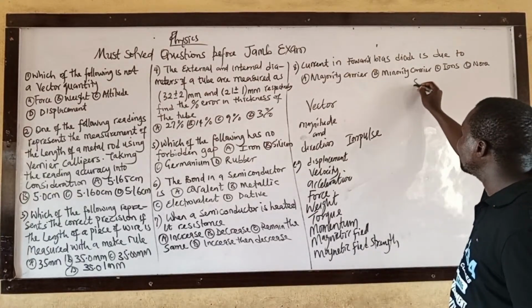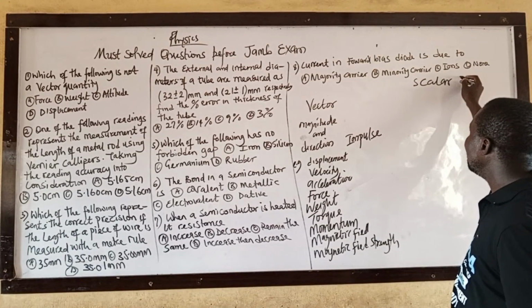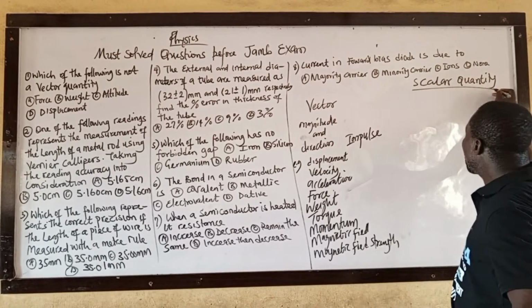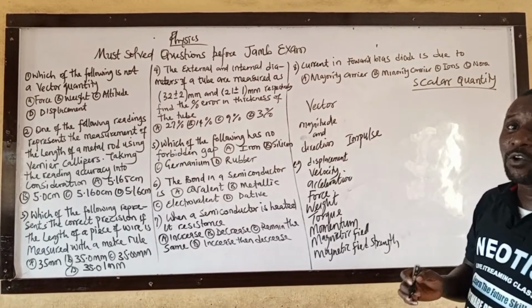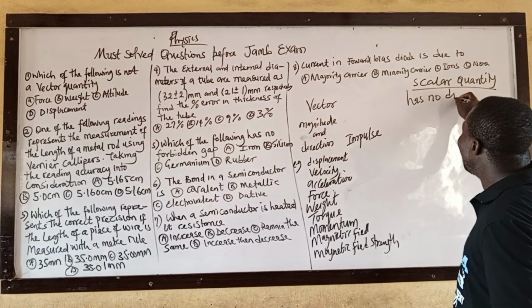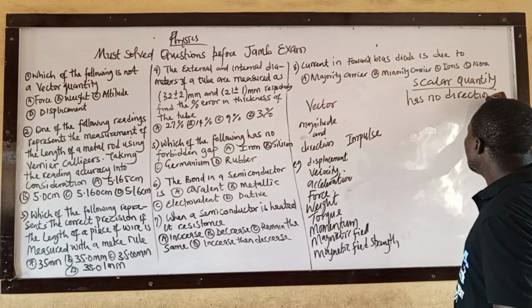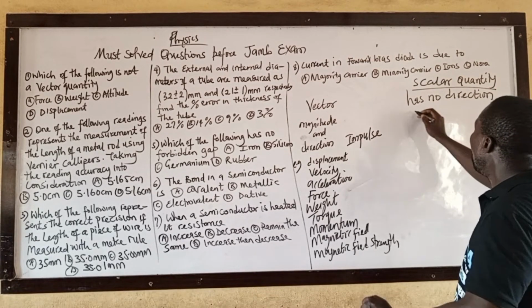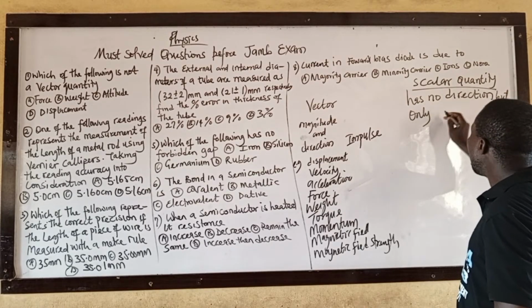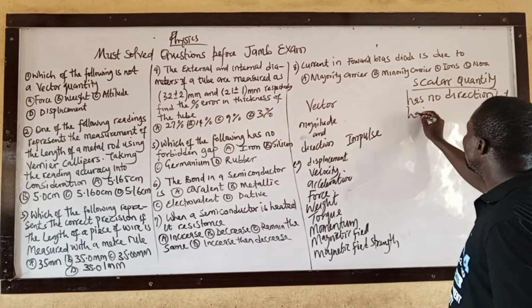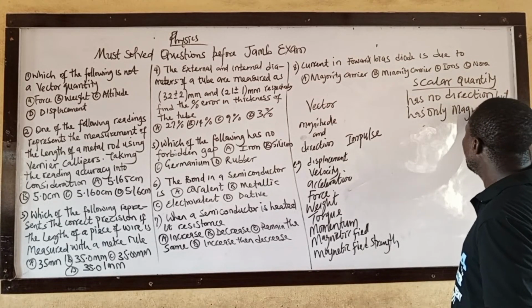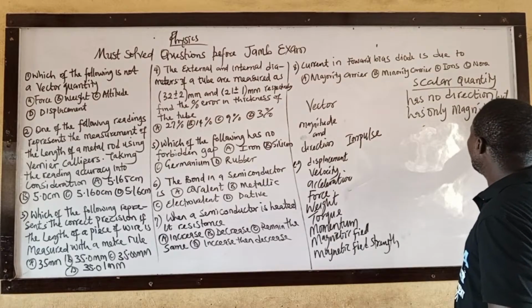Then we have what we call scalar quantity. This is a quantity that has no direction. It has only magnitude.